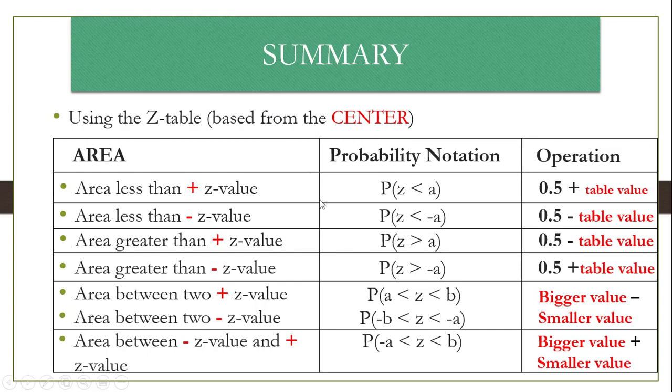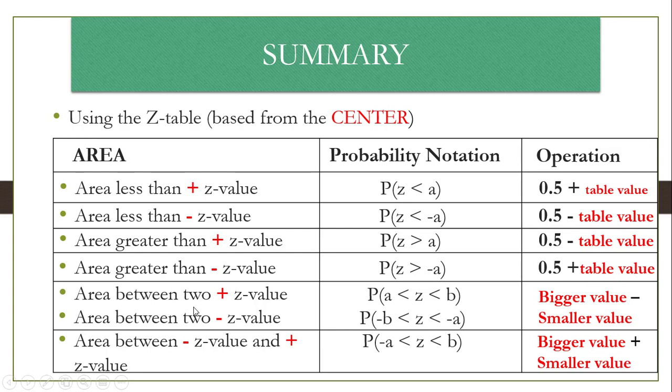So, all you need to remember is if area less than positive, so 0.5 plus table value of that specific z value. Then this one, probability that z is less than negative a, you follow 0.5 minus table value. If probability of z is greater than a, so 0.5 minus table value. And if probability of z is greater than negative a, so that would be 0.5 plus table value.